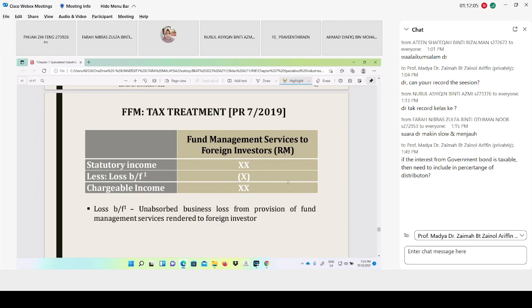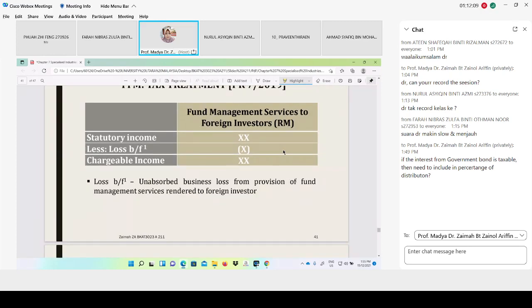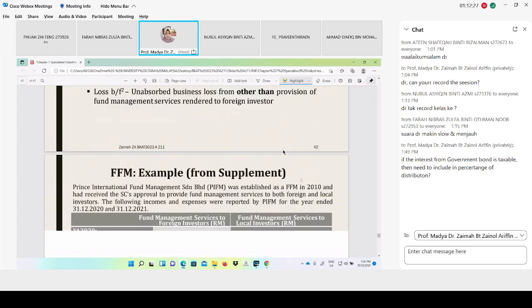And then after you get statutory income, you are allowed to carry forward your business loss from previous years to deduct in the current year. You minus loss brought forward to get chargeable income. Same goes for the local investor.